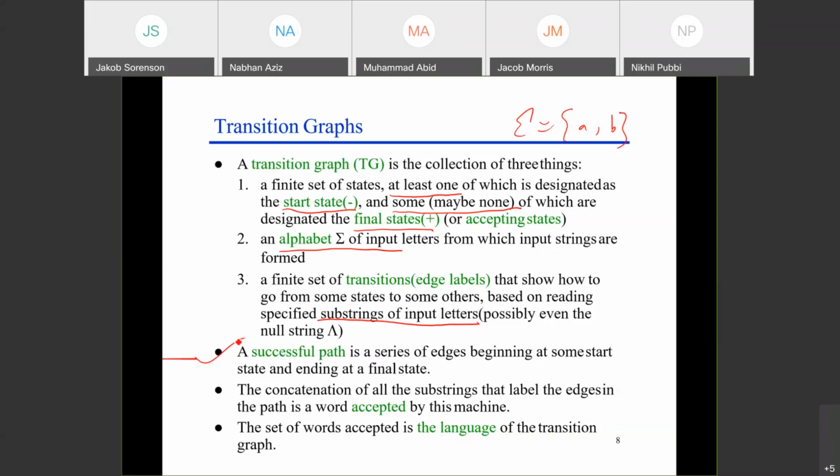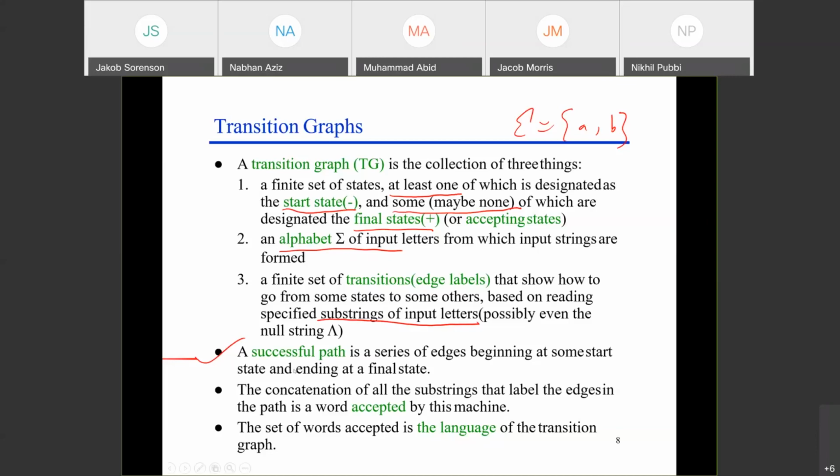When you finish at the final state, your word will be accepted by the TG. If you do not finish at the final state, your word will not be accepted by the TG. The concatenation of all the substrings that label the edges in the path is a word accepted by this machine. The set of words accepted is the language of the transition graph.